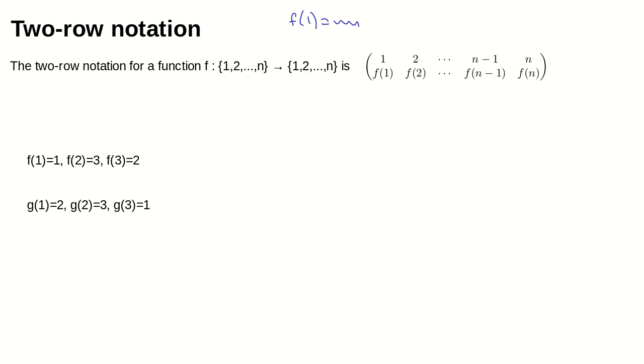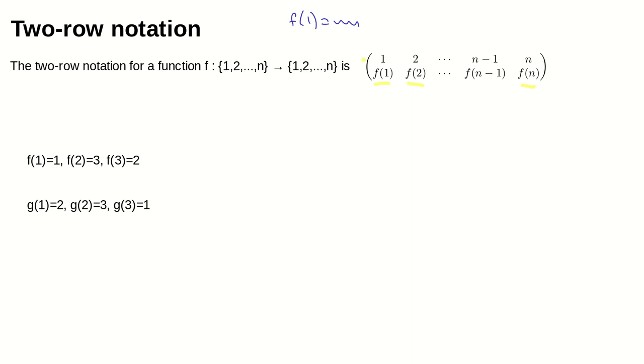The two-row notation for a function from the set 1, 2, 3 up to n to the set 1, 2, 3 up to n is as I've written it here: we write two rows of numbers. On the top we write 1, 2, 3 up to n, and on the bottom, beneath 1, we write f of 1, beneath 2 we write f of 2, and so on.